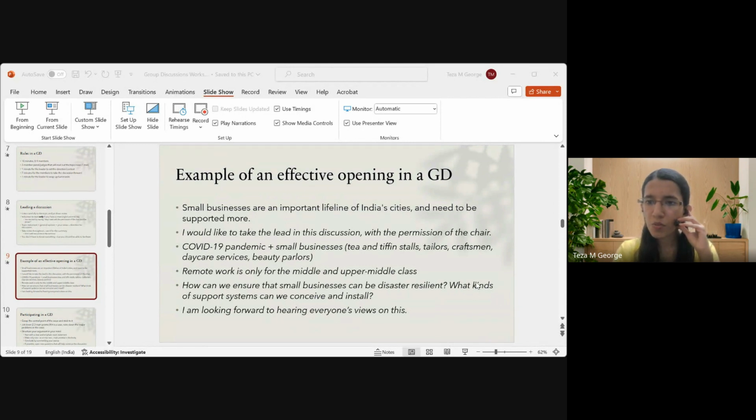What are the basis on which we are judged in an interview? Like if they ask us to do a GD in an interview. This is how you do a GD in an interview. So how will you be judged? So are you asking me what are the essential points that you need to have in order to ensure that you are judged favorably?